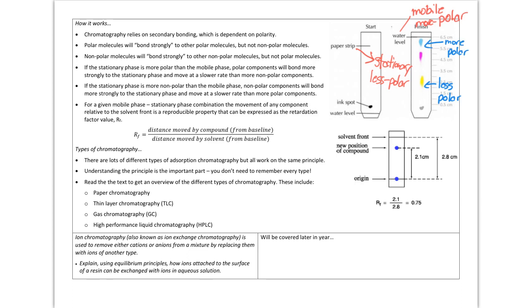stationary phase, and that stationary phase can be either a liquid or a solid. Don't really need to worry about the detail there. But once again, the same principles apply as above.